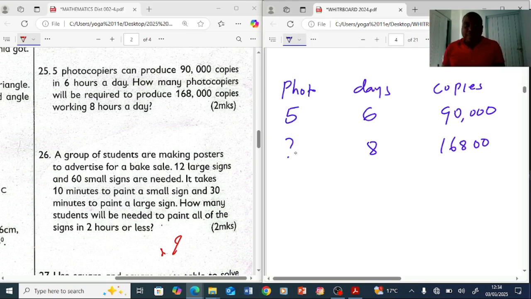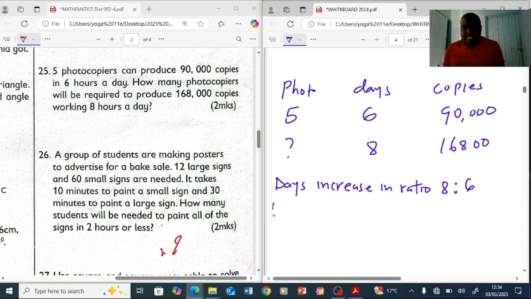So hours increase in ratio 8 to 6, meaning that the photocopiers will decrease.